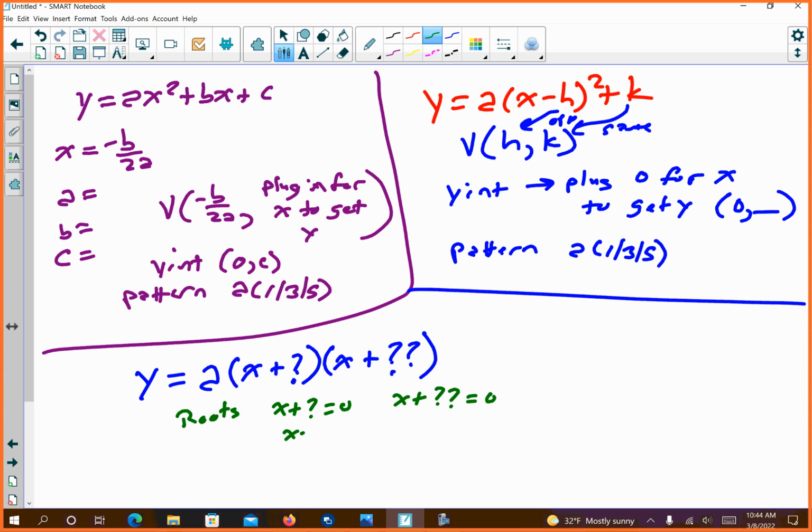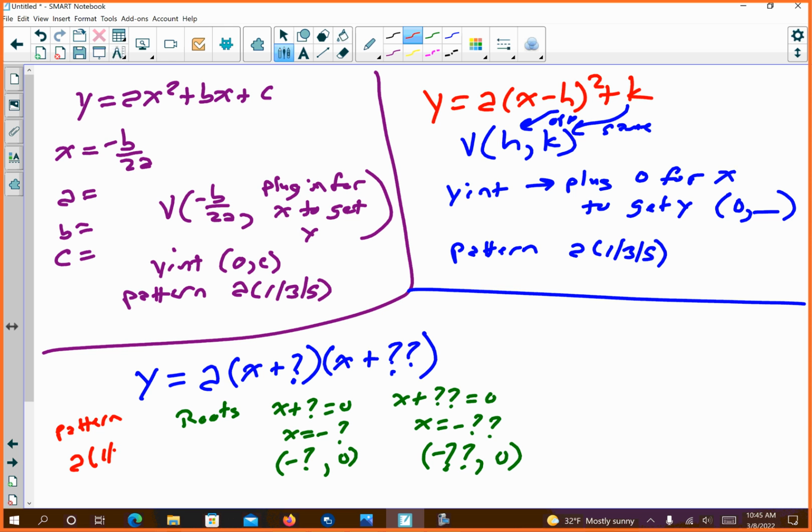So this would be x equals negative question mark, and this would be x equals negative question mark, which would give you negative question mark, comma 0, and negative question mark, comma 0. Those are supposed to be question marks. My pattern graph on these would be a times 135. If there's nothing out in front of it, your pattern is just 1, so 135. Okay?